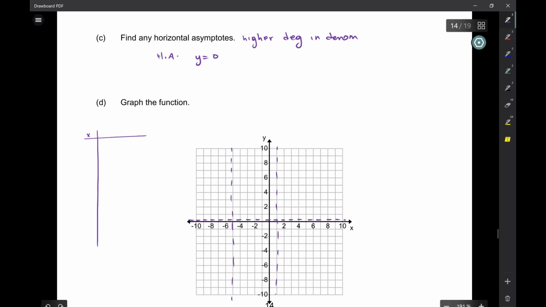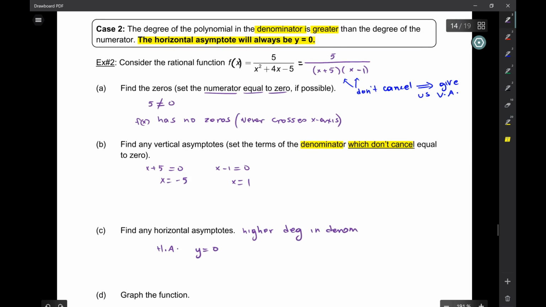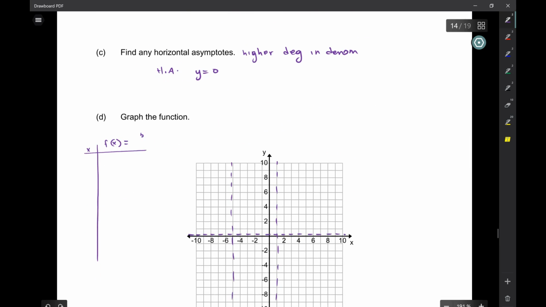So x, f of x. What was f of x? 5 over x plus 5, x minus 1. You could use any form of the function you like. I like the factored form because it's easier for me to do the calculations.